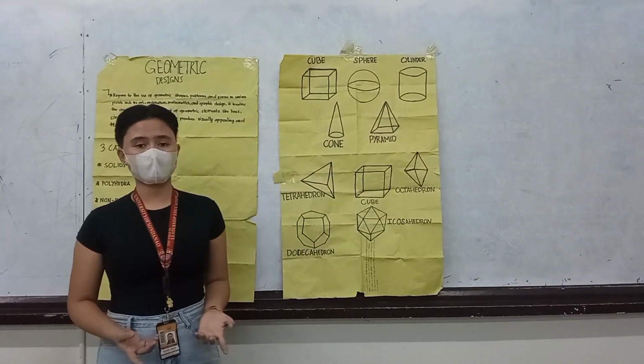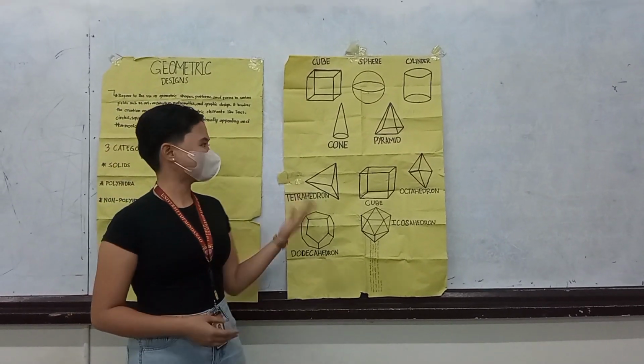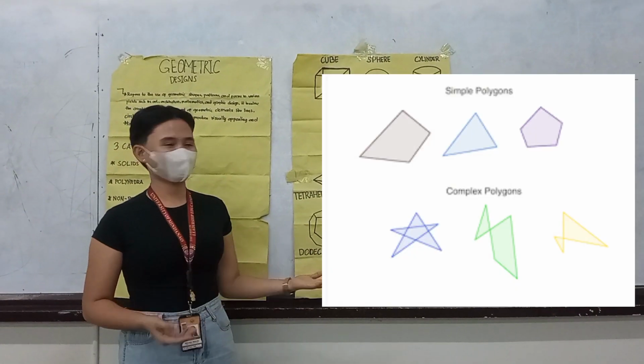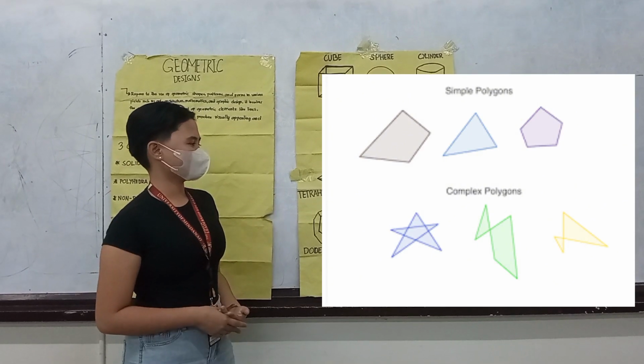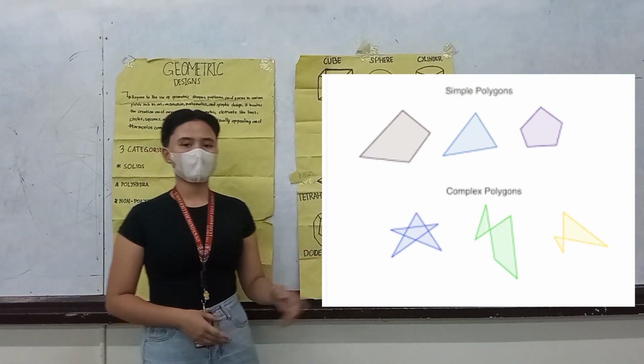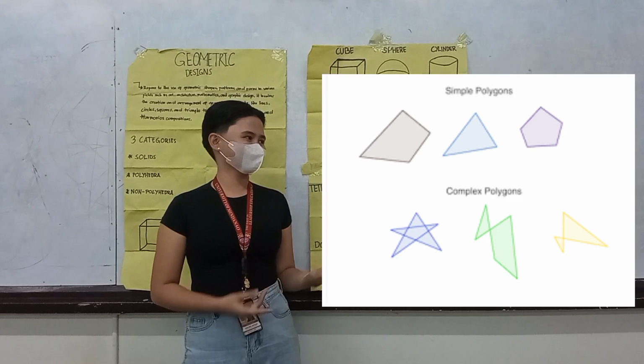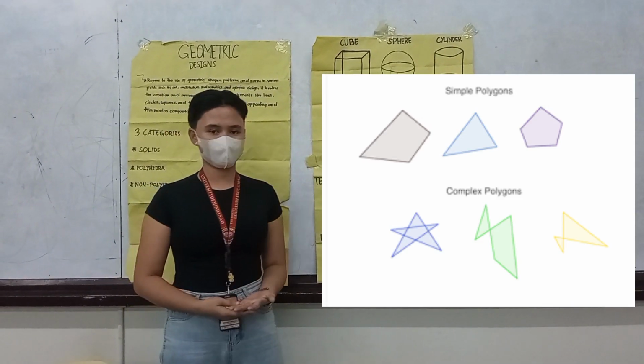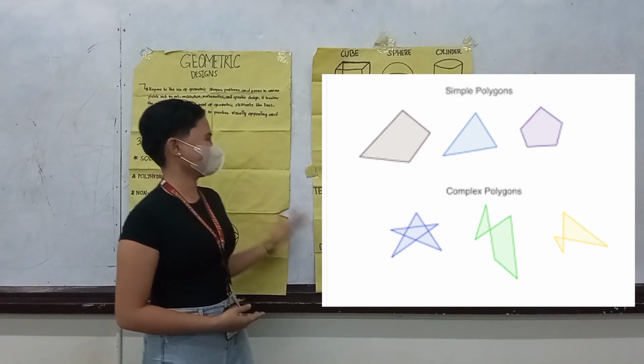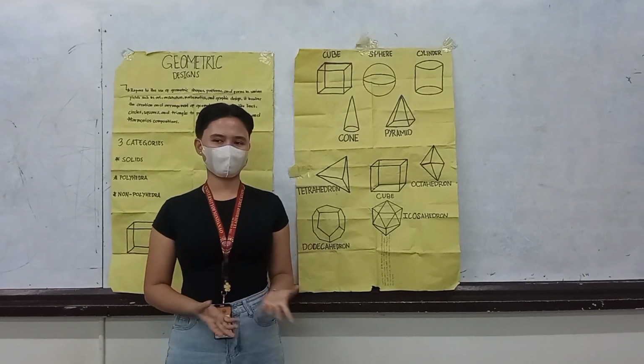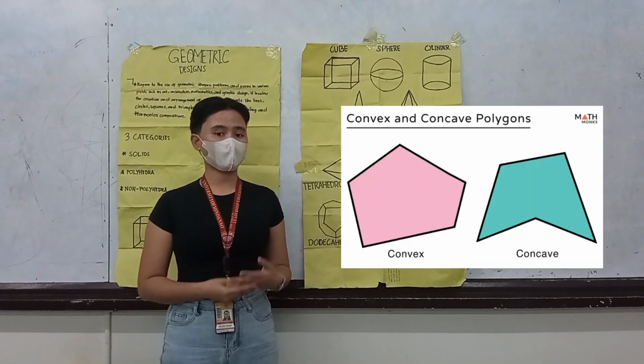Polygons can fall into one of two categories, either simple or complex. A simple polygon possesses only one boundary and never intersects itself. In contrast, a complex polygon intersects itself at some point. Polygons can also be classified as either concave or convex.